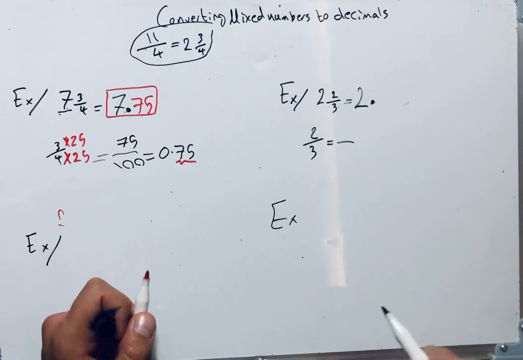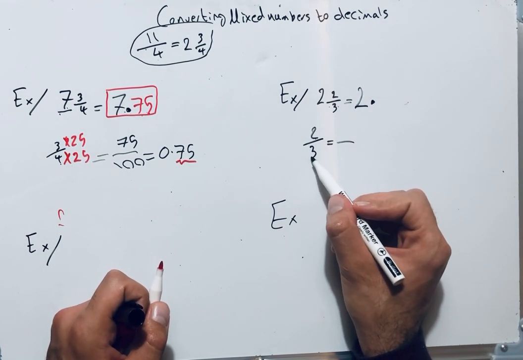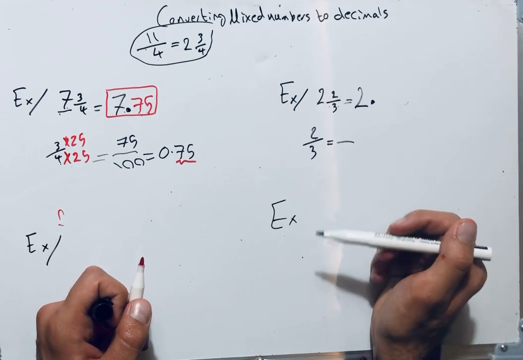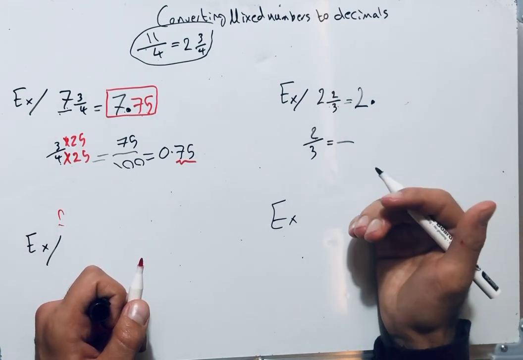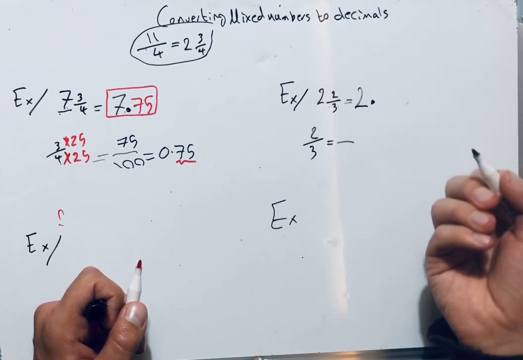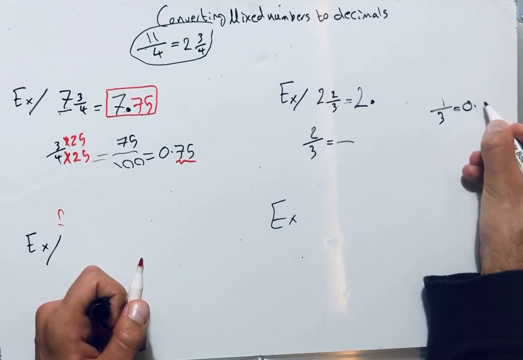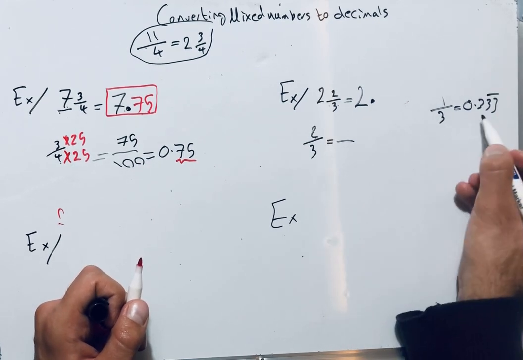Since this is 3, not a nice number like 4 that we can multiply to get a multiple of 10, I suggest that you get familiar with some common fractions. For example, 1 over 3 is 0.333 repeated. So 2 over 3 is 2 times that.